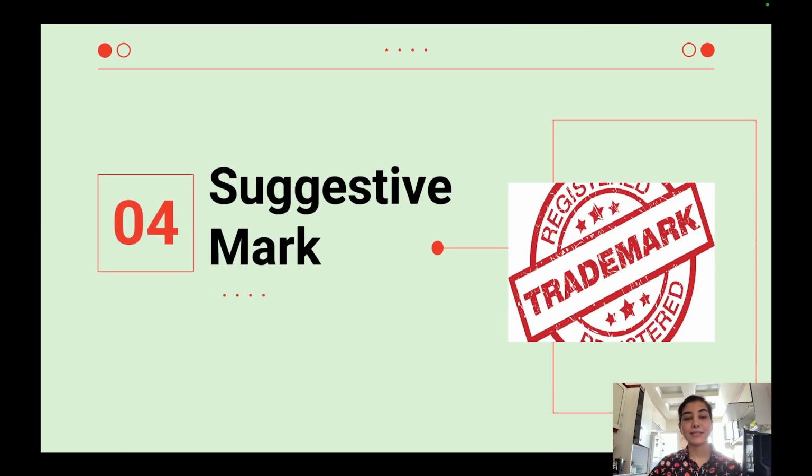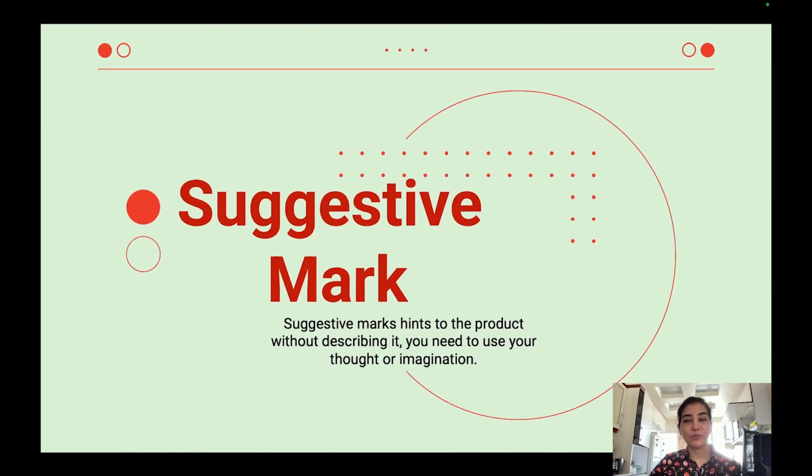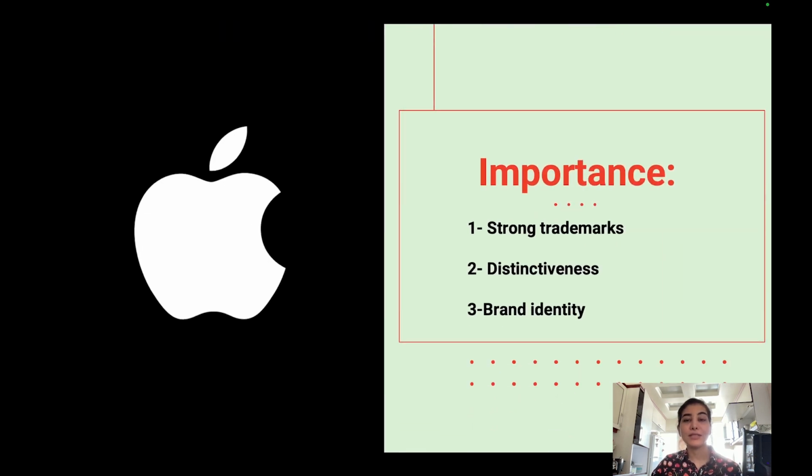Number four, suggestive mark. What are suggestive marks? Suggestive marks hint to the product without describing it and without saying that this brand is related to this product. You have to use your imagination to see if this brand is related to this product or not. For example, when you hear the name Apple, you cannot guess what kind of products this brand is related to.